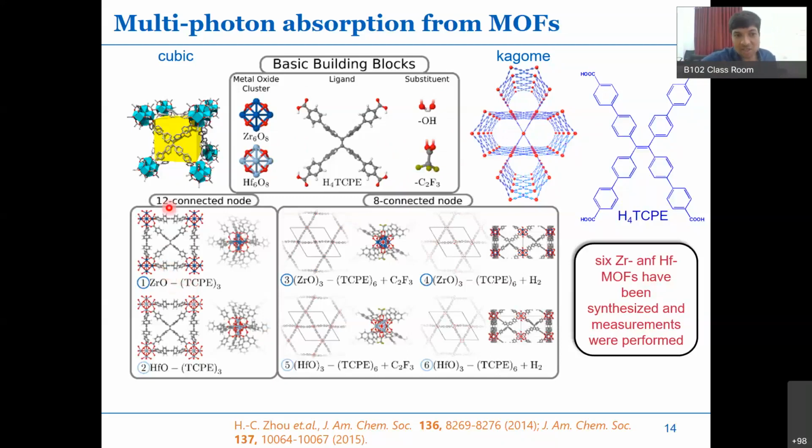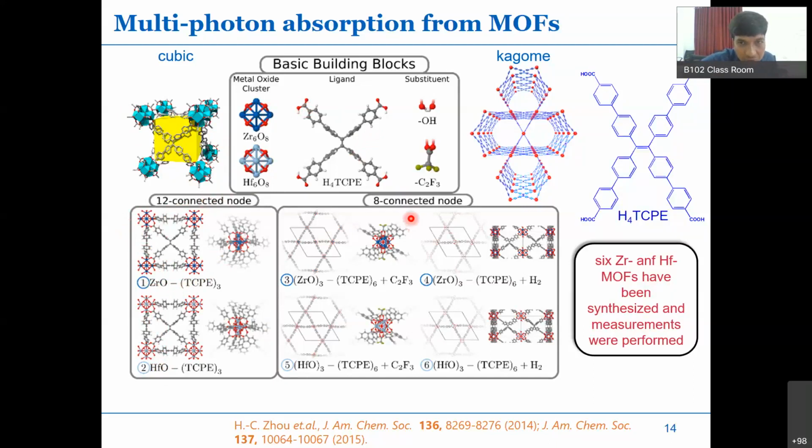In the case of the zirconium cubic structure, all the coordination sites of the zirconium are bonded by the carboxylic acids of TCPE. Then you produce a 12 connected node with the cubic structure, as well as the same with the hafnium structure. So these are the two modes of 12 connecting node.